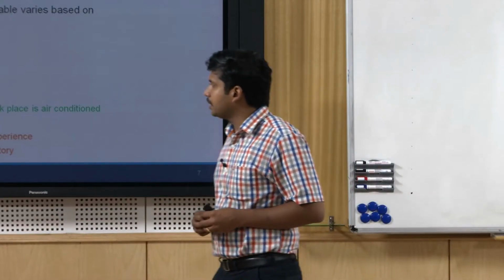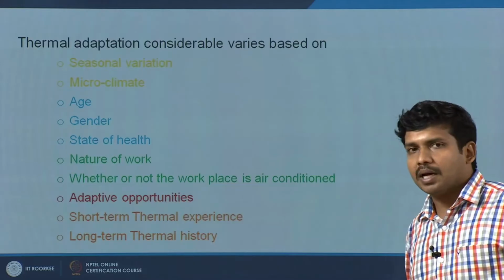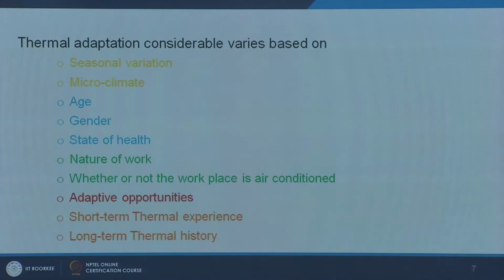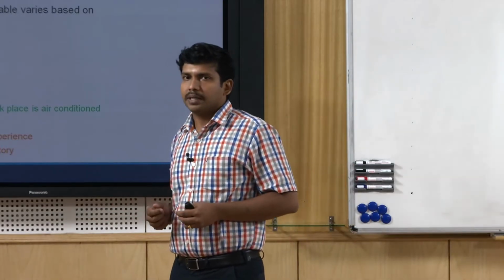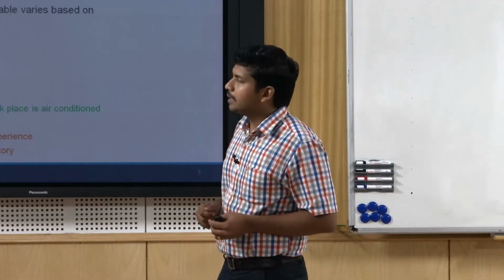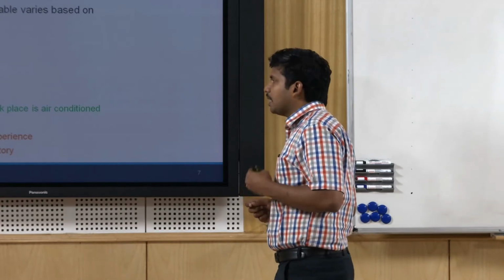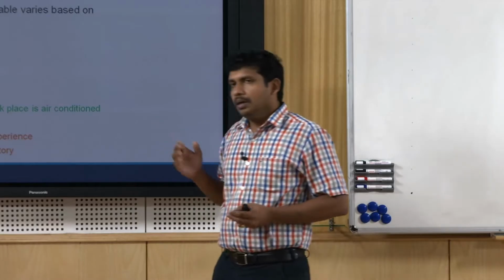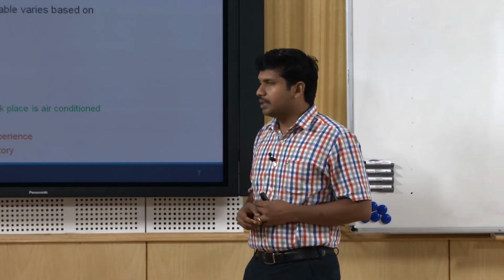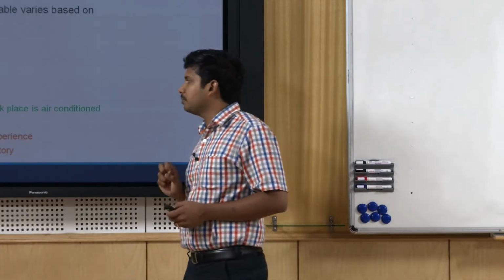Apart from this, you have the availability of thermal adaptive opportunities: whether I have access to controlling the fan speed, whether I have access to controlling the air conditioning set point temperature, whether I have operable windows which will facilitate better ventilation. So the presence or absence of adaptive opportunities, this is where the role of designers comes into the picture.